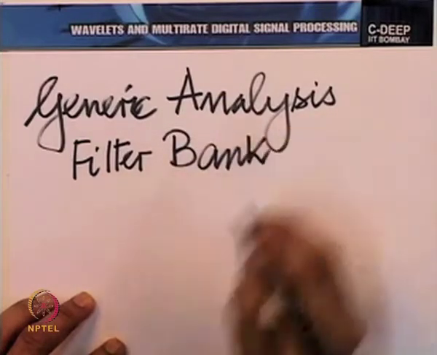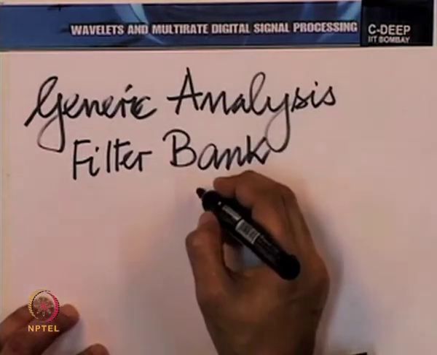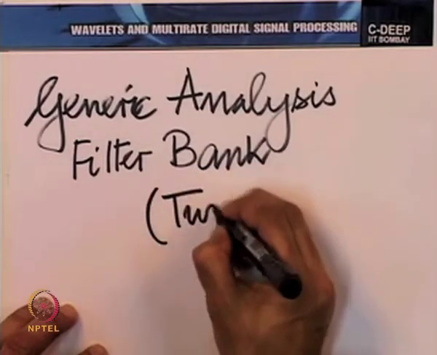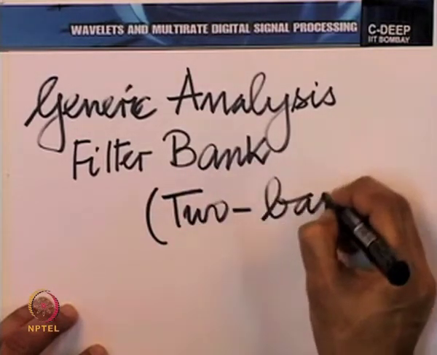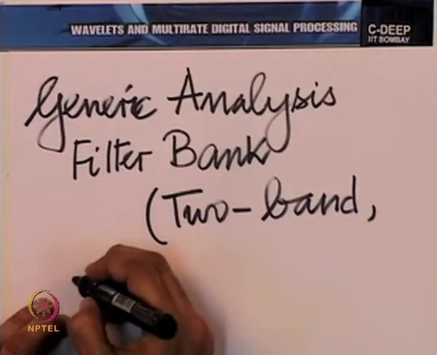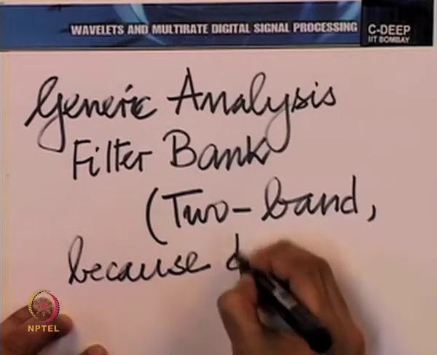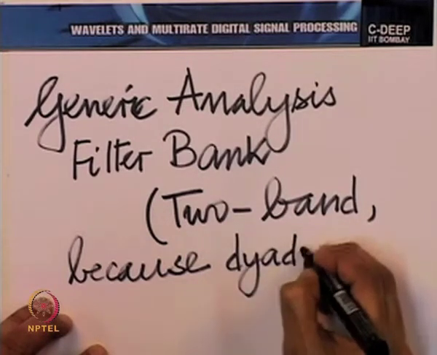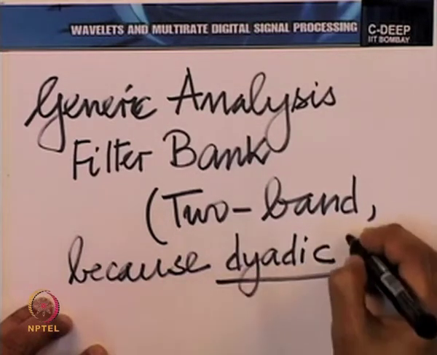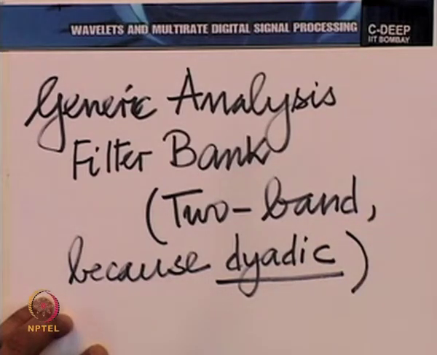Incidentally, we should be talking about a 2-band filter bank here, and that is because we are talking about dyadic MRAs here. Recall that dyadic refers to powers of 2 changes. So, what we are talking about is the generic structure first of a 2-band analysis filter bank.